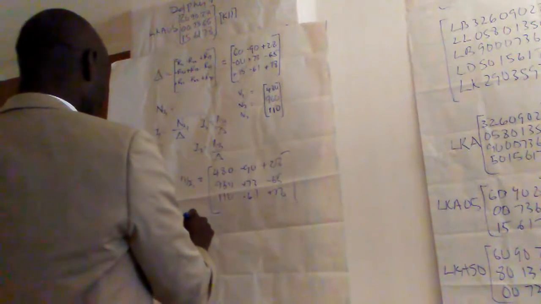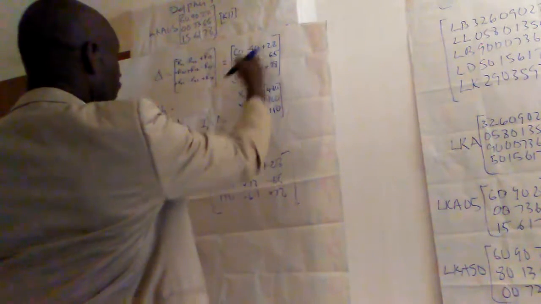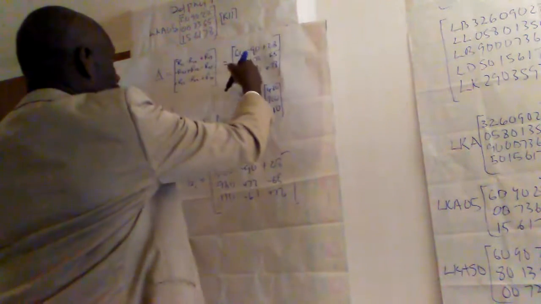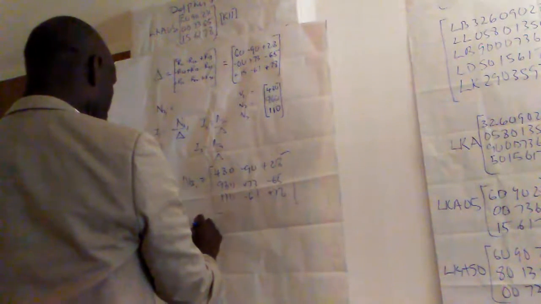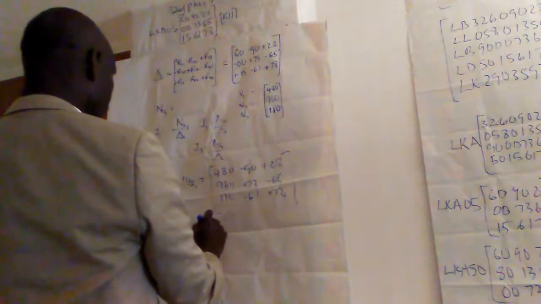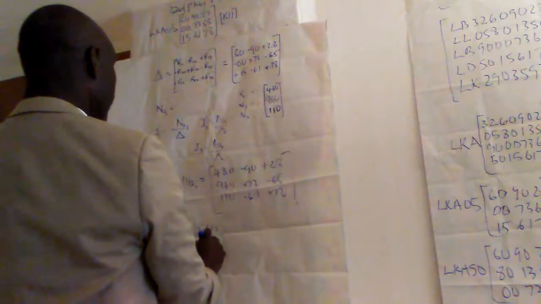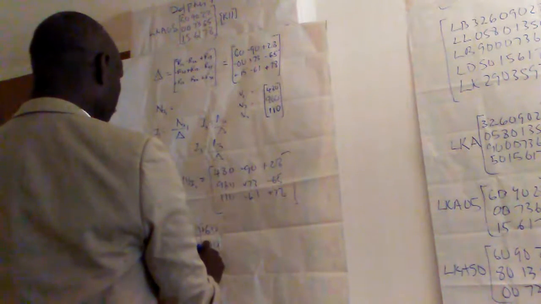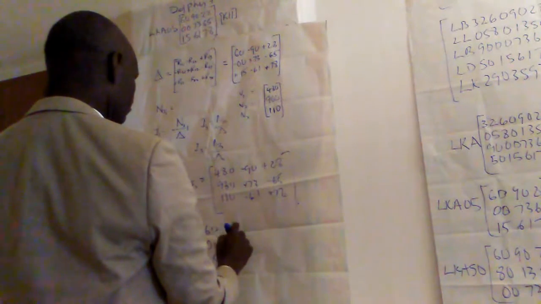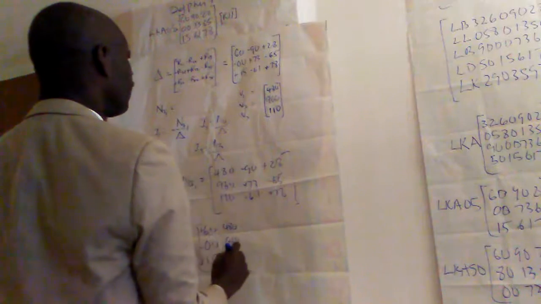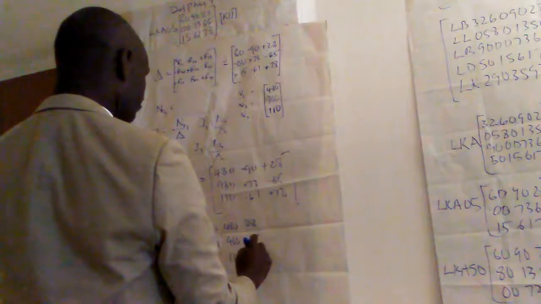So I2 will be equal to the determinant of, replace the voltage value in the second column. So we'll have I2 equal to the determinant of 60, 0, 0, 15, and 480, 960, 110, 28, 65, and 78.